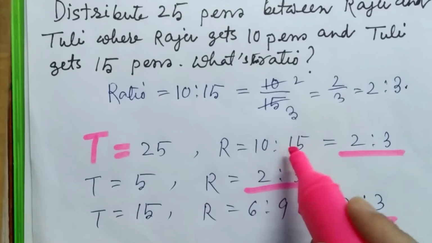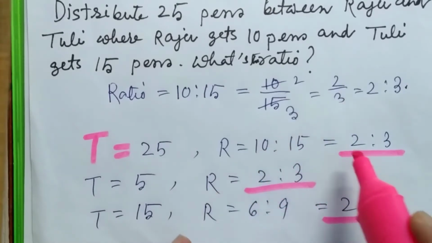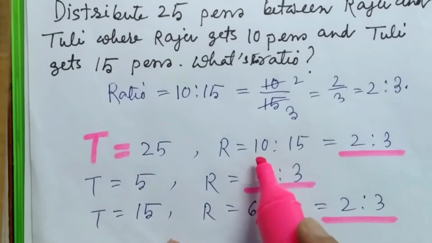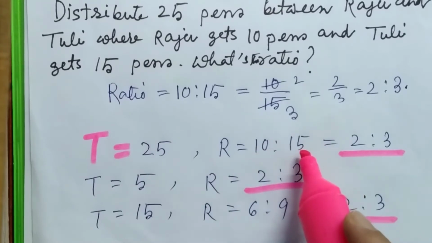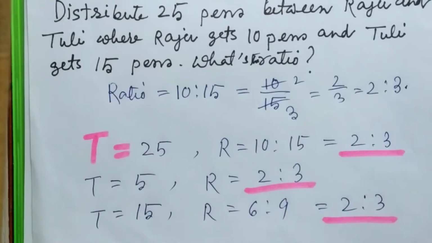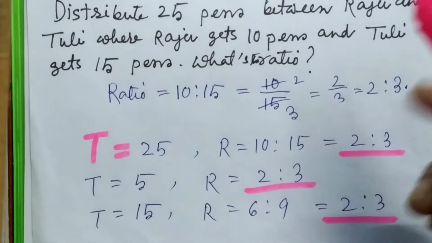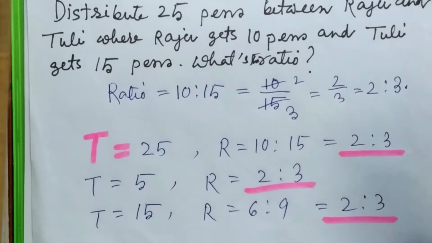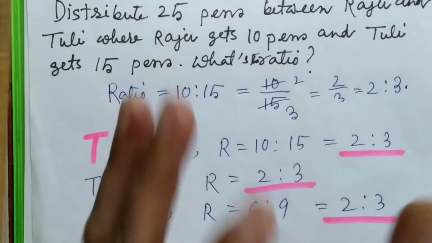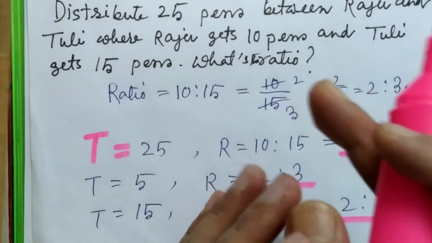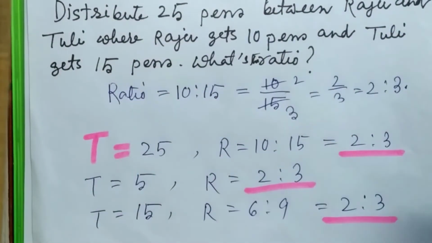So these are multiples of 2 and 3. 10 is a multiple of 2 and 15 is a multiple of 3, and likewise 6:9. So when we get a distribution of 2:3, it is not necessary that the total is 5 and they are getting exactly 2 and 3.